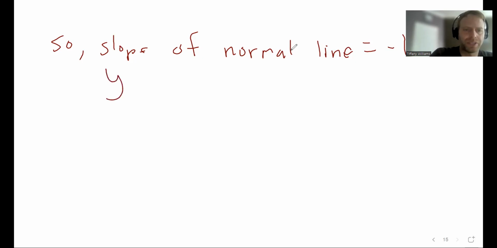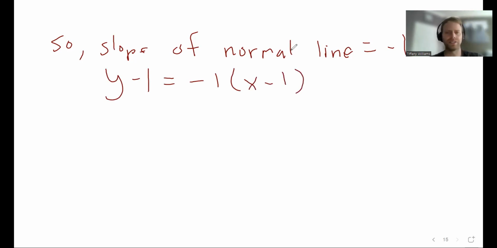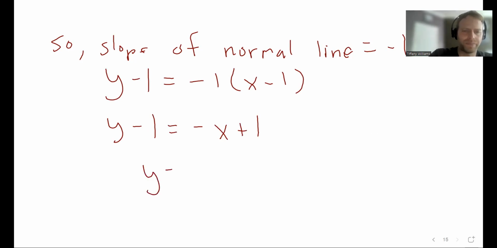So it's going to be y minus our y coordinate equals slope times x minus our x coordinate. Okay? So it's negative 1 times x minus 1. Distribute that negative through because we want to solve for y to get this into slope-intercept form. It's going to be negative x plus 1. And then let's isolate the y by adding 1 to both sides. This is going to give me y equals negative x plus 2.